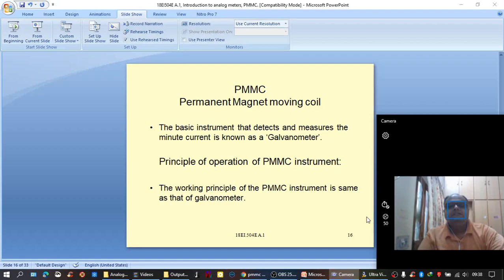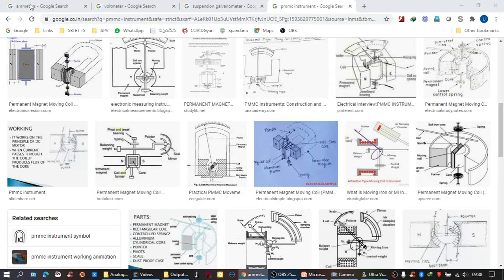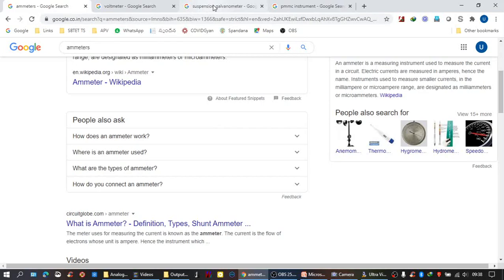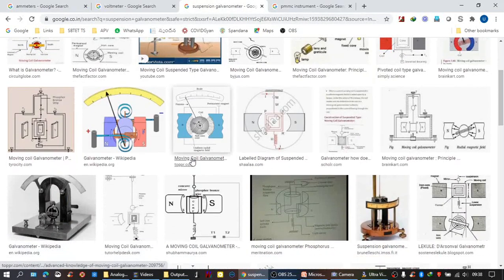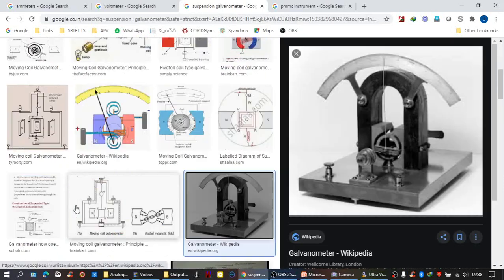Let us see how a galvanometer looks like. This is how a galvanometer looks like.